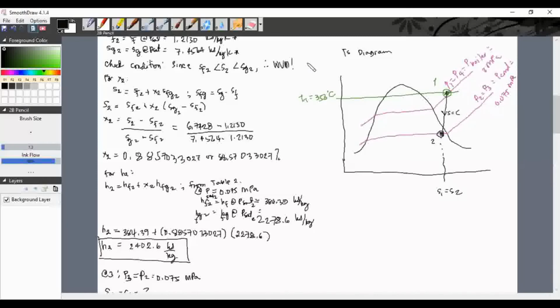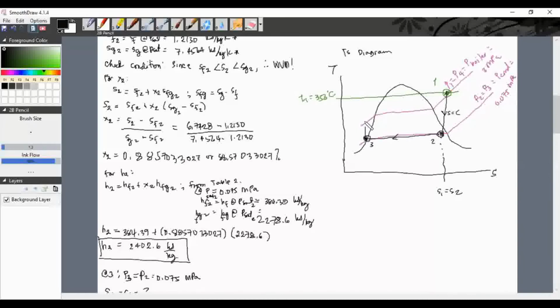By the way, y-axis is T, x-axis is specific entropy. S1 is equal to S2. Then, papasok si steam sa condenser. Okay? Kakaroon ng heat rejection. Sundan mo lang yung isobar na yan. Then, magiging saturated liquid siya at P is equal to C. Then finally, pasok si steam sa pump.